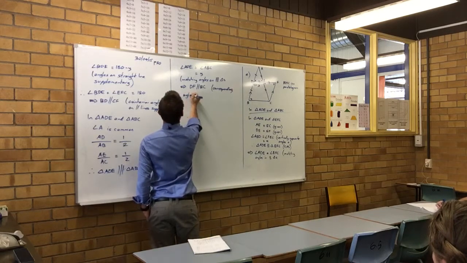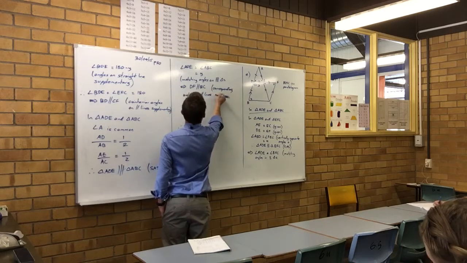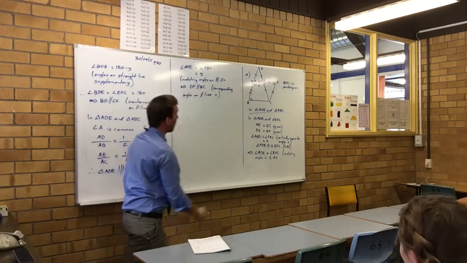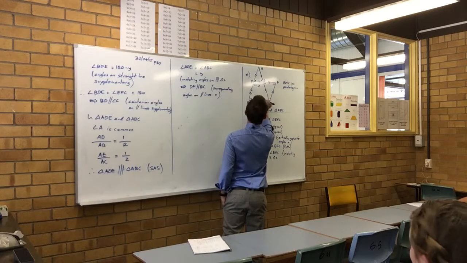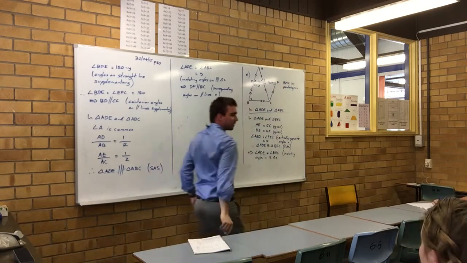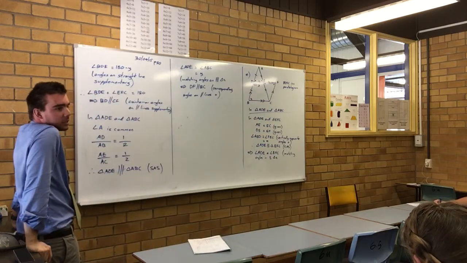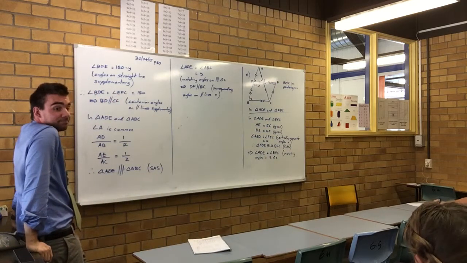Corresponding angles on parallel lines are equal. So we've just now successfully shown these two sides are parallel. Hurrah. Okay, so now we're showing opposite sides are parallel. That's enough to show a parallelogram.